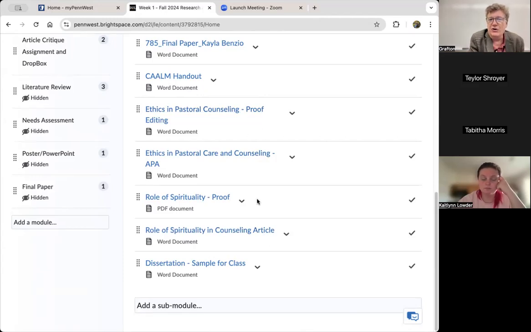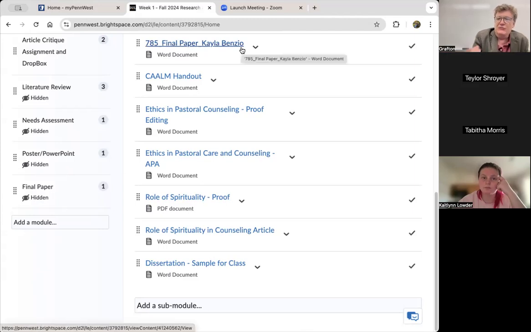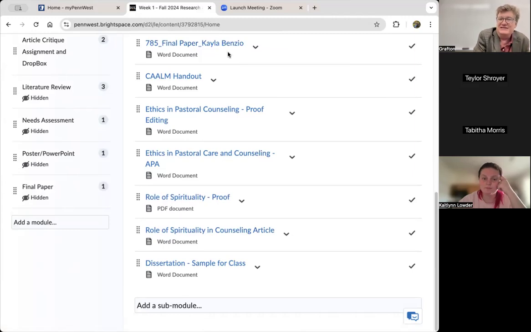The book is a little different than the article, and the chapter is a little different than the article style, but you can compare the writing style to Kayla's paper. So you've really got three different writing styles: the student paper that you're doing right now, which is a sample, a book chapter, and then a journal article.